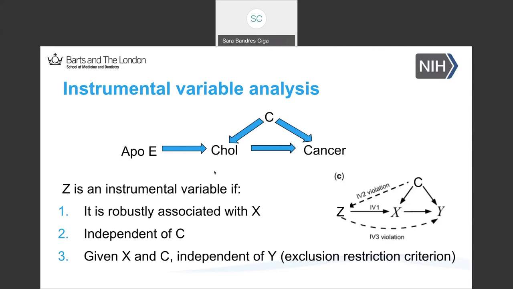So here, ApoE variants, measured cholesterol, risk of cancer.